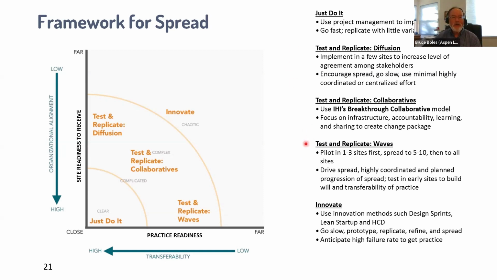So we find one organization or two organizations that are willing to try it, and we might even pick organizations that are very different. So we suspect it's not going to work perfectly, and through refinement, prototyping, or testing changes, we eventually get it so it's working well in multiple conditions, and then we're ready to advance that to a few more sites and eventually get to everybody.